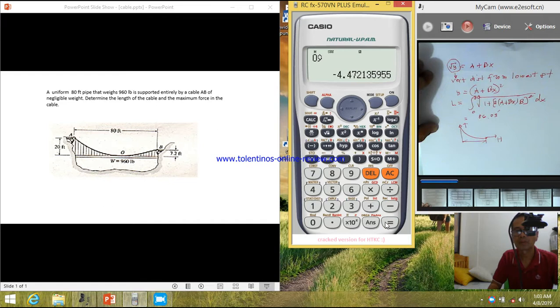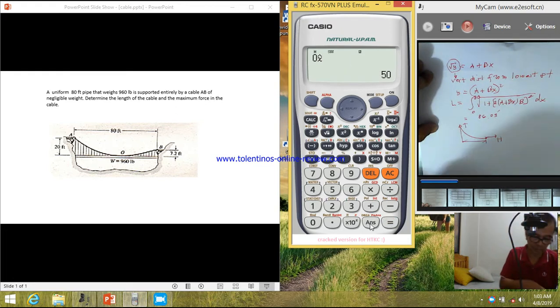I'm sorry, x hat should be shift 154. That gives you 50.